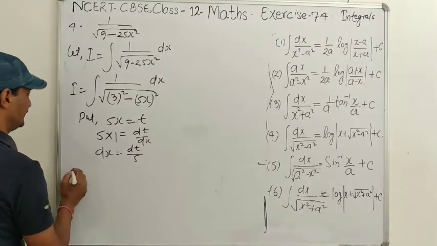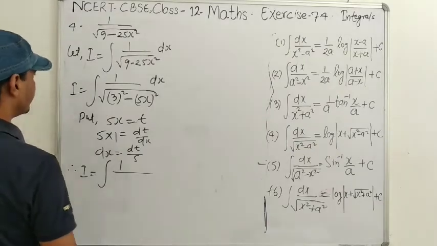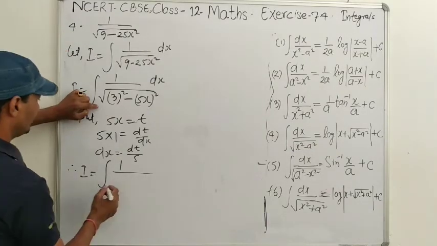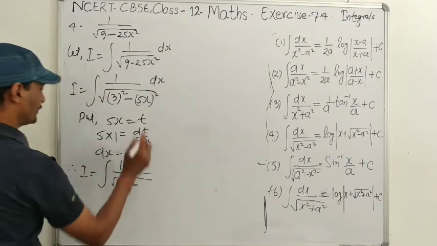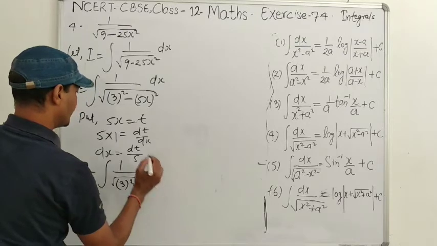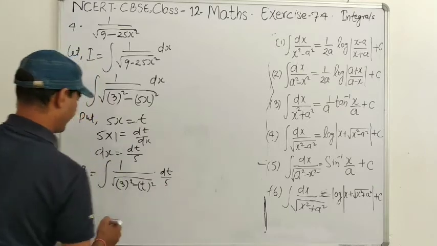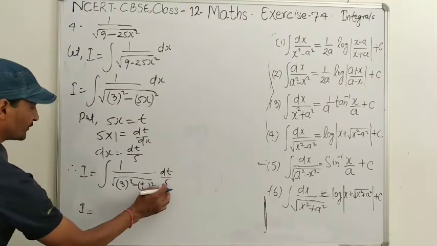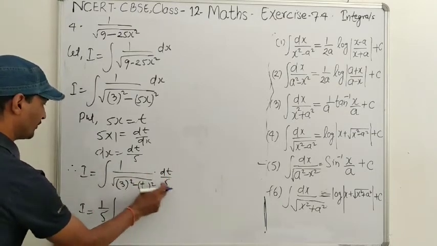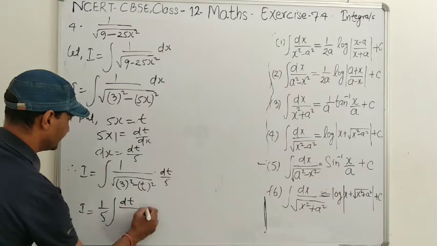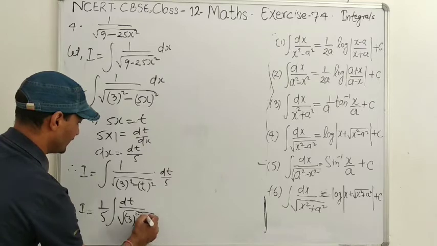Therefore I equals 1 by root over 3 square minus t square into dx, in the place of dx put dt by 5. Now take the constant 5 out, so 1 by 5 dt by root over 3 square minus t square.